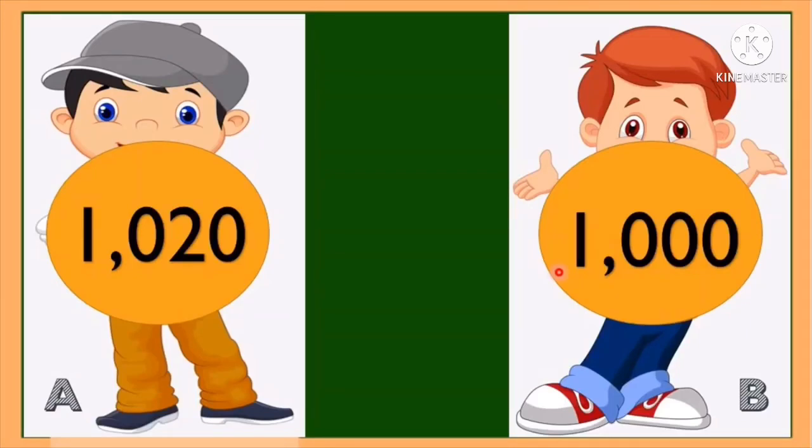Yes, it's boy A. So we need to face the left side. If we are facing the left side, our symbol is? Good job, it's greater than. Okay, so in a sentence, we can say 1,020 is greater than 1,000.